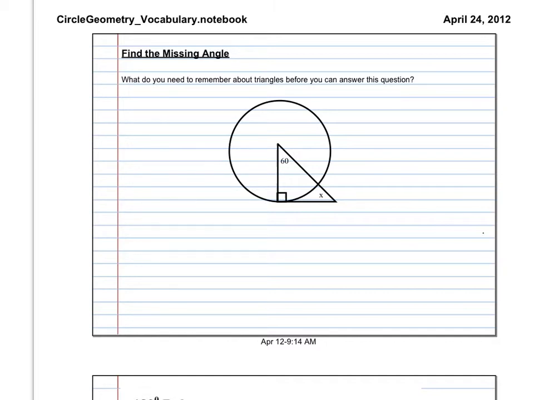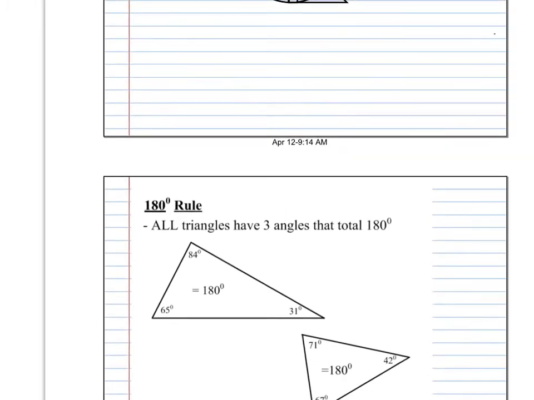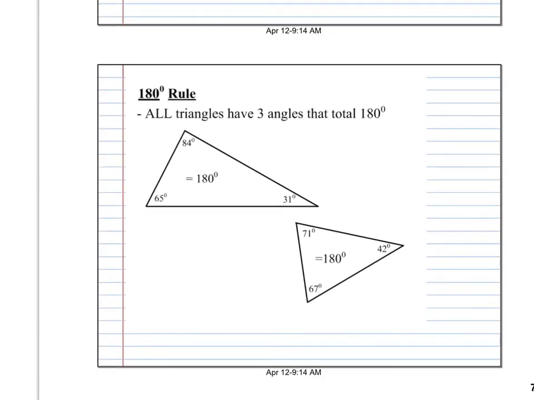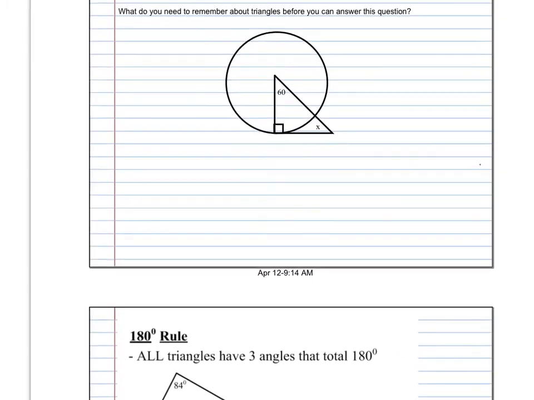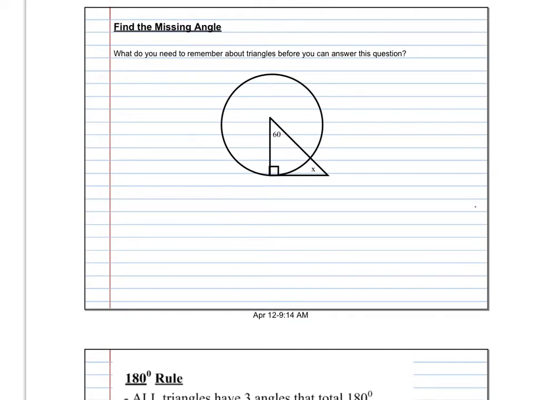Okay, nearing the end of this now is angles inside of a triangle or a straight line. To start with inside a triangle, you need to remember that all triangles, the total angles inside will equal 180 degrees. So no matter what shape the triangle is, the three angles always equal 180. So looking at this example, you have this top angle coming off the center at 60. This square here on the bottom means a 90 degree or right angle.